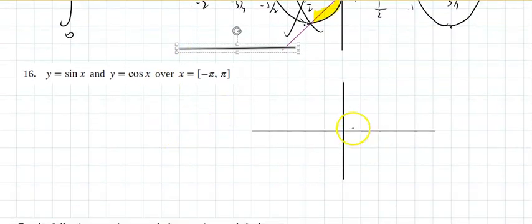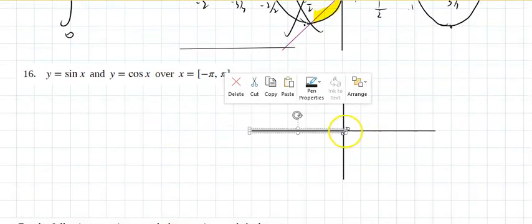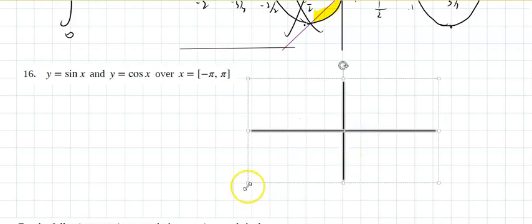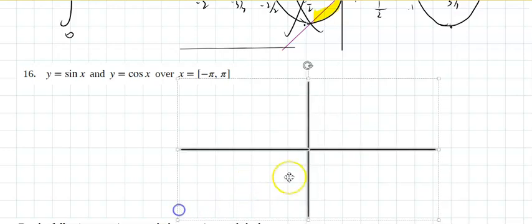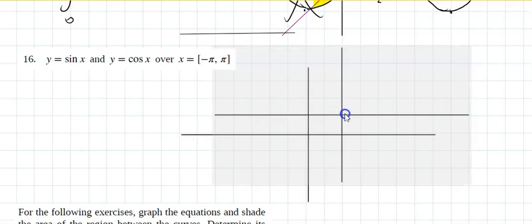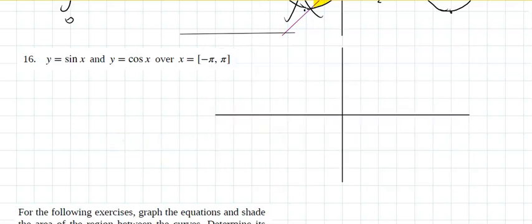How about this graph? A bit tricky. I'm going to enlarge that as well so we can see it. So let's say a cosine wave. Cosine, let's do in green. Let's do a sine.